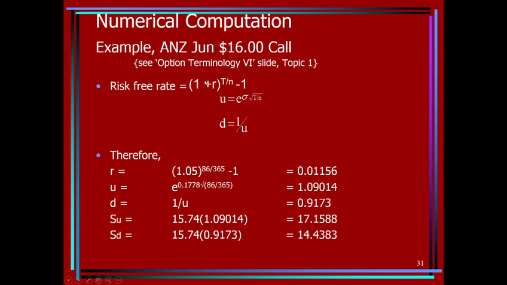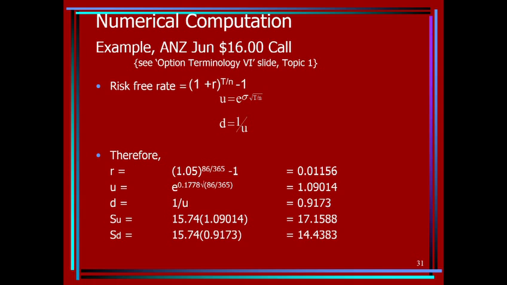So taking last week's slide of the ANZ example, June 16 call, and using these three formulas here, you can calculate. So 1.05, because in last week's example, we said interest rate is 5%, right?